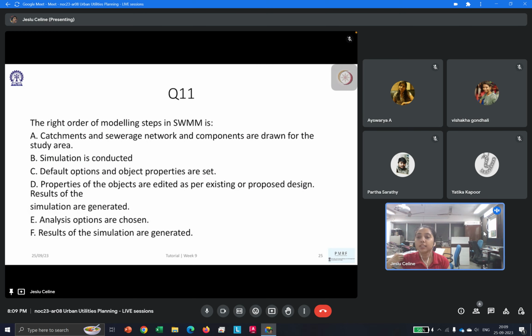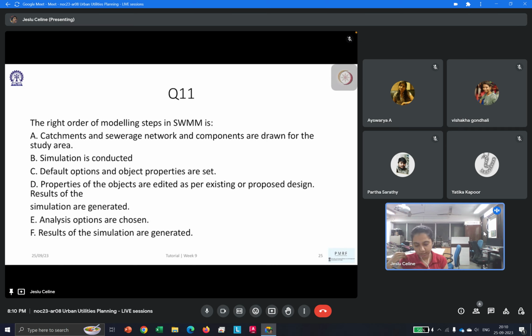Question 11. The right order of modeling steps in SWMM is. This is a memory question, and I think it has been discussed very briefly. Let's see. Catchments and sewerage network and components are drawn from the study area. Simulation is conducted. Default options and object properties are set. Properties of the objects are edited as per existing or proposed design.